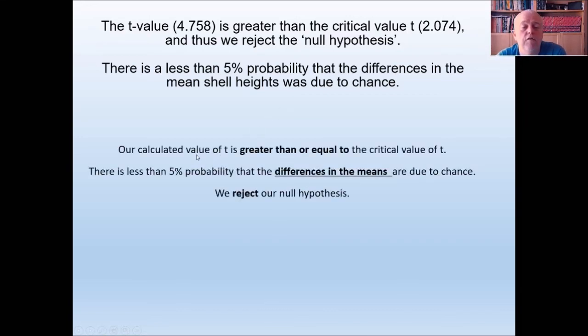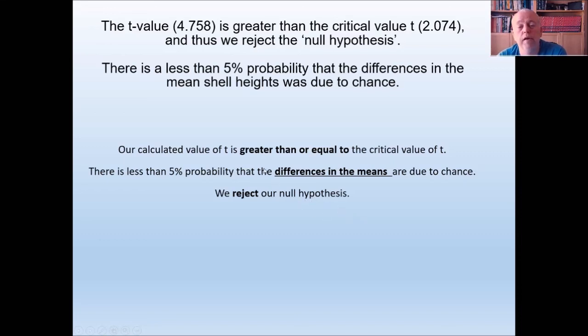So if our calculated value of t, the t value that we've worked out, is greater than or equal to the critical value of t, that's the value that you look up in the lookup table, then there is a less than 5% probability, less than 5 times out of 100, would the differences in the means be due to chance. And therefore, in this case, we would reject our null hypothesis. So we're basically saying it's not the case that there isn't a relationship. We're saying there probably is a relationship between, in this case, the exposed shore and the sheltered shore does appear to have an impact on shell height.